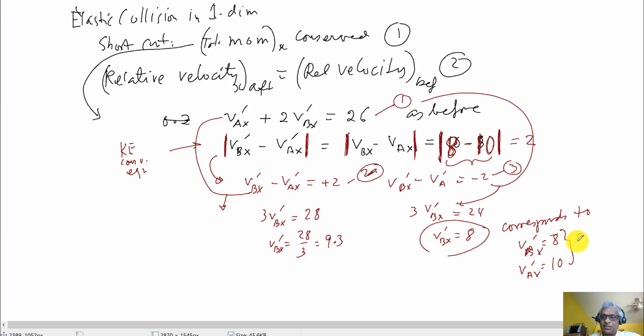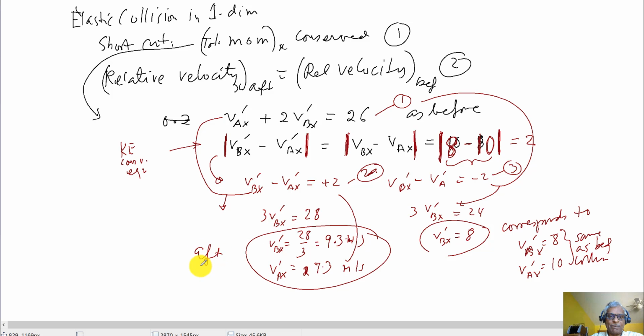So this is the same as before the collision. And this one gives you VAX prime: put 9.3 over there, and you're going to get 26 minus 2 times 9.3, about 7.3 meters per second. So this is after the collision.